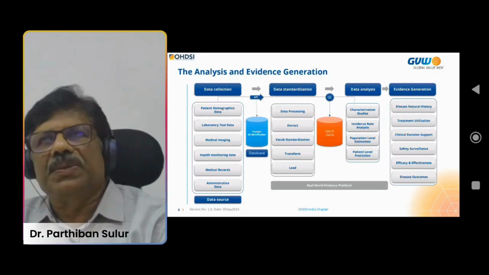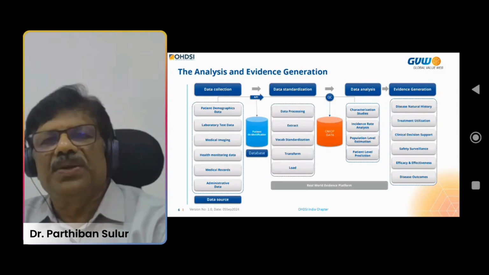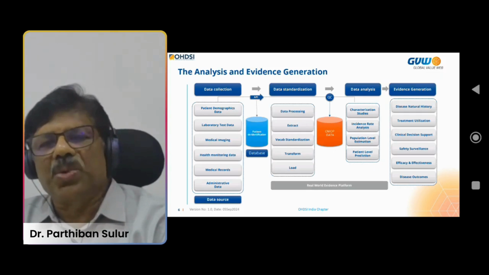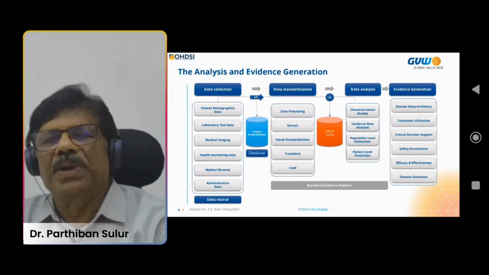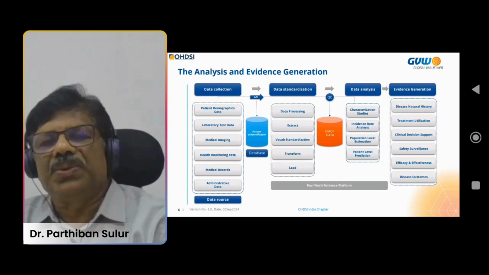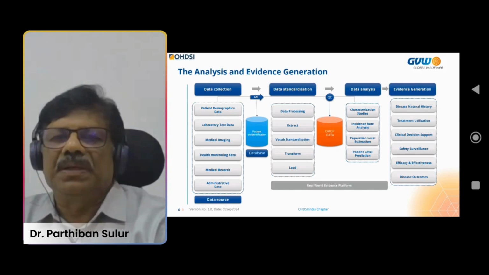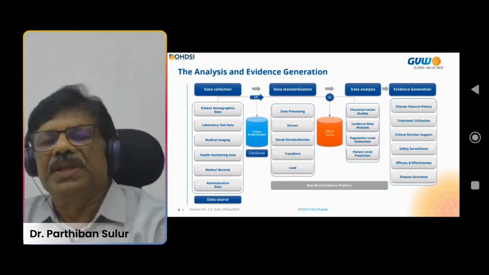We use a host of applications for data extraction, standardization, transformation, and loading, and we finally get the OMOP data archive, on which you can do your data analysis for characterization studies, incident rate analysis, patient population-level estimation, and predictions.